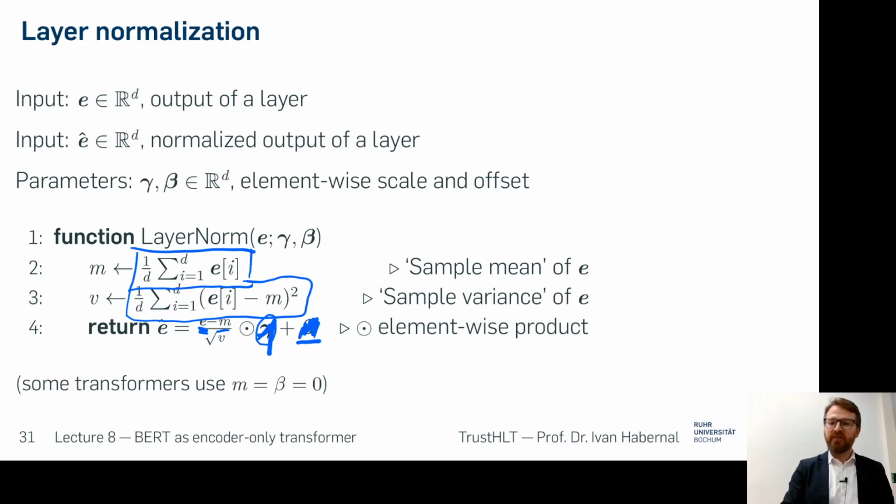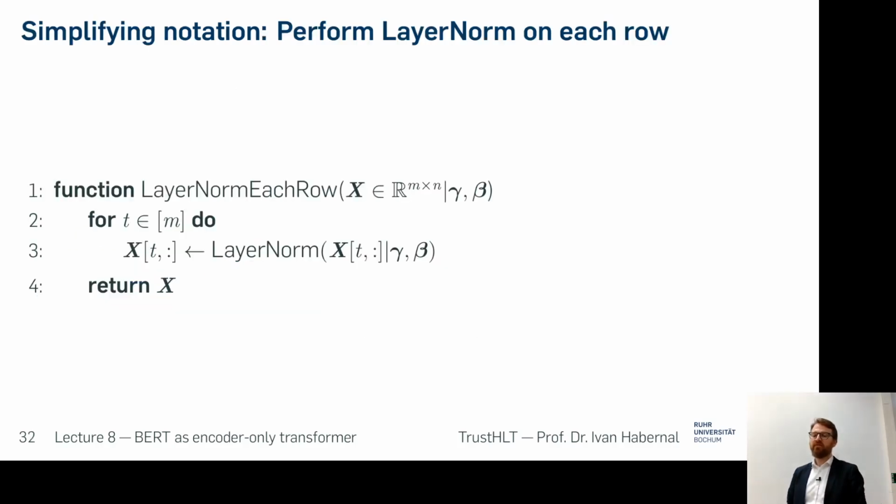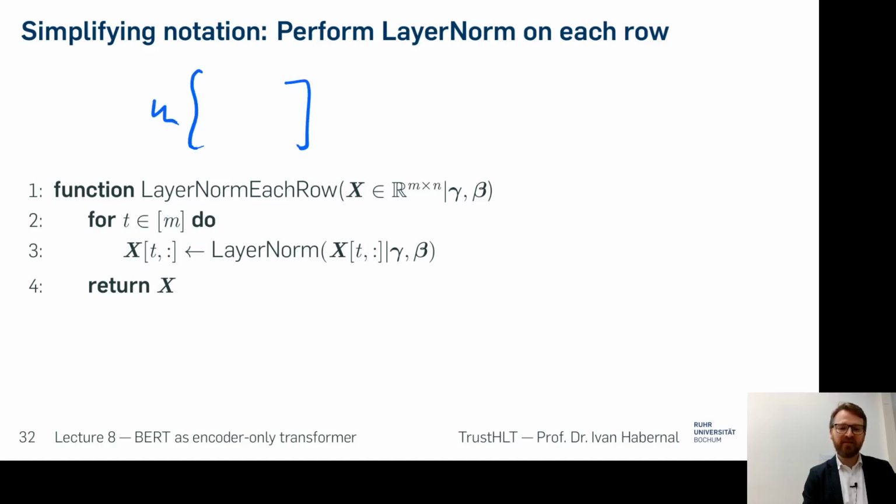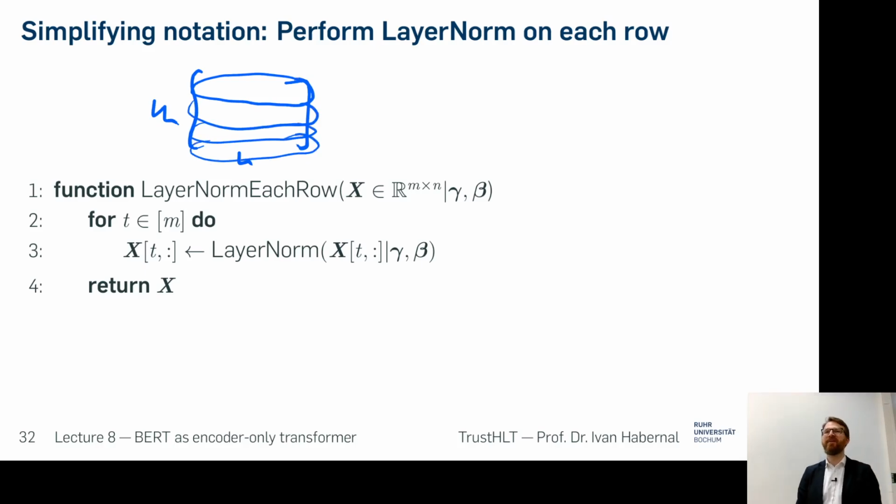So how do we do it for a bunch of vectors? If we have a matrix m times n, then you do vector layer normalization on the first vector independently of the second, independently of the third, and so basically you normalize each row in the matrix.